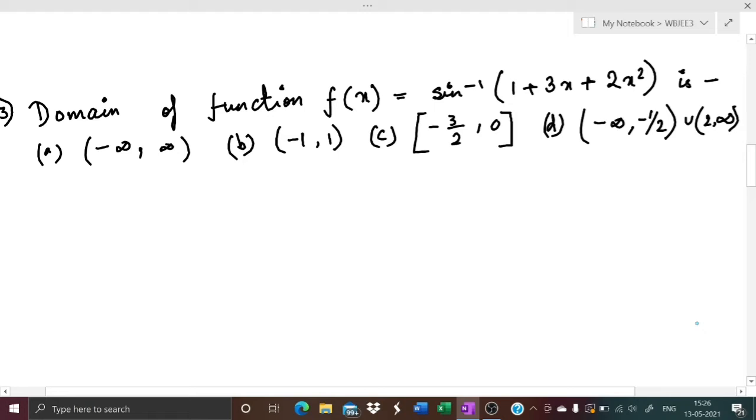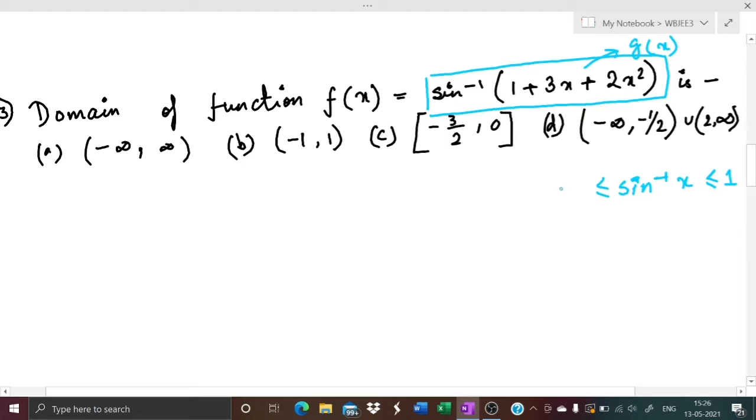Concentration should be good. Okay, so now the next question is on domain of this function, and here it is given sine inverse and some other function. Suppose this is g of x. So for sine inverse, what we know for the general solution is that x should be between 1 and -1.